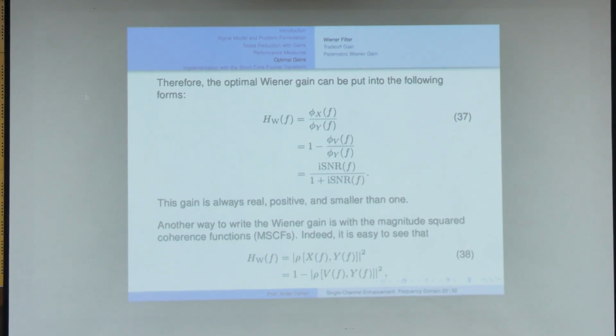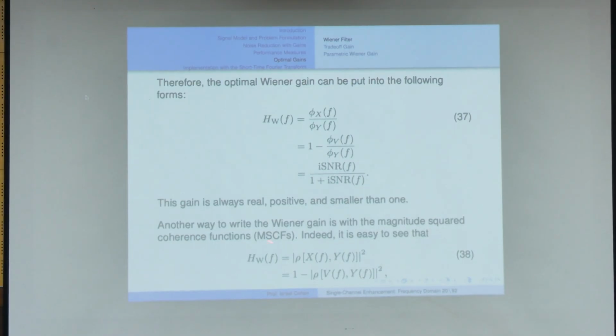For frequencies where the narrowband input SNR is high, we want the gain H to be higher, closer to 1. When the narrowband input SNR is low, H becomes lower, closer to 0. So the Wiener filter behaves like that, which makes sense. If it didn't, something would be wrong.